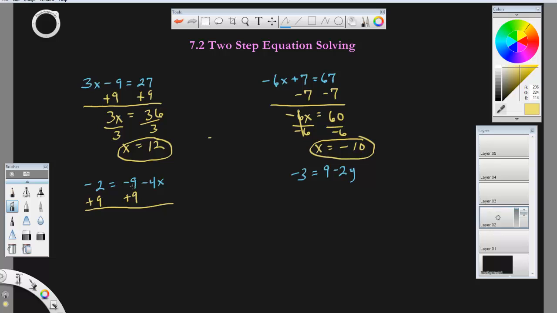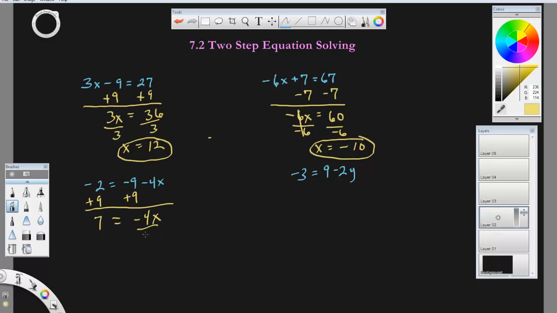Now be sure, there's a little tip for you. When you first learn this, you want to make sure those are over top of each other like that. So don't get the 9 over here under the 4 when you do that. It should always be lined up like this. All right. So let's do it. This will be 7 equals negative 4x.